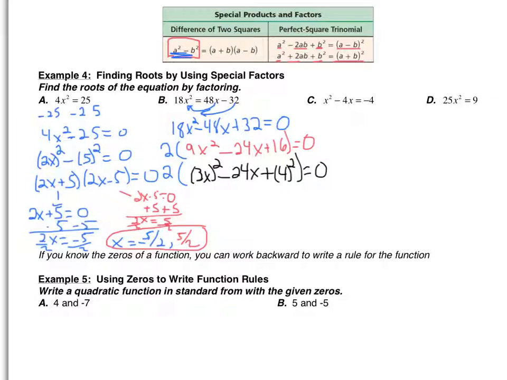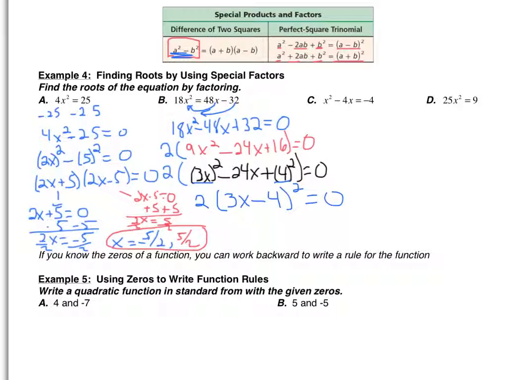So now we have 2 times, and 3x is our a, and 4 is our b. So if we take 3x times 4, we get 12, and 12 doubled is 24. So we really have 3x minus 4 quantity squared equals 0.